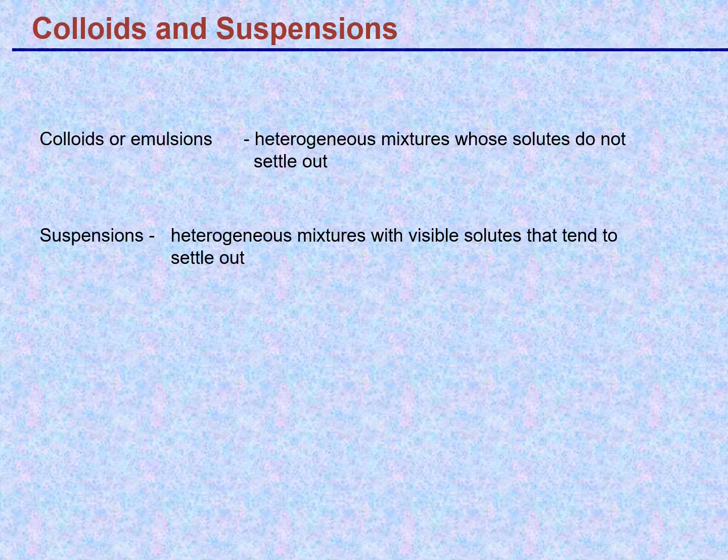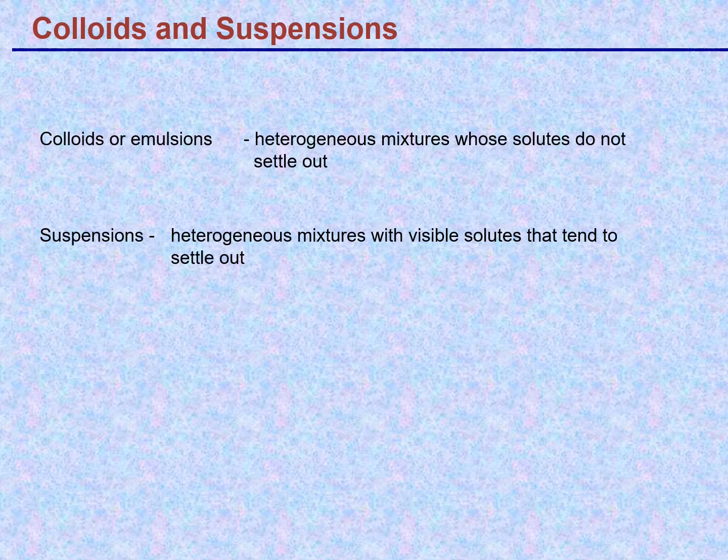When things are mixed together, this would apply, I guess, to pharmacological agents. When things are mixed together so that it's a heterogeneous mix which is stable, in that one doesn't settle out from the other, but they're not forming chemical bonds with each other, it's called a colloid or an emulsion.